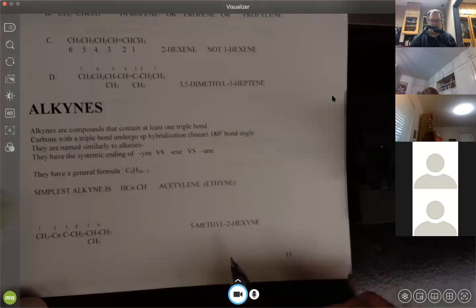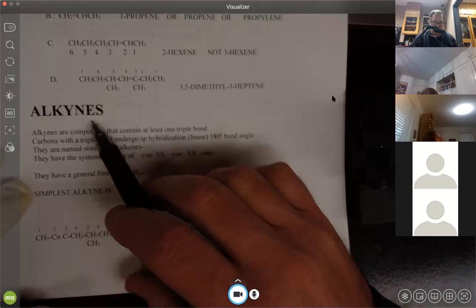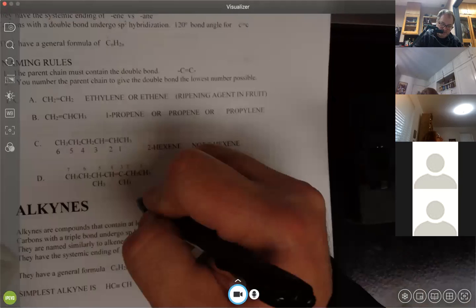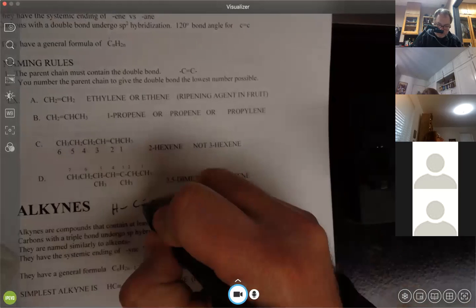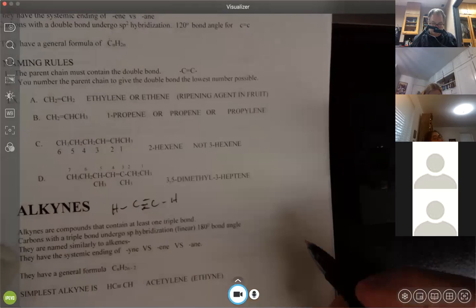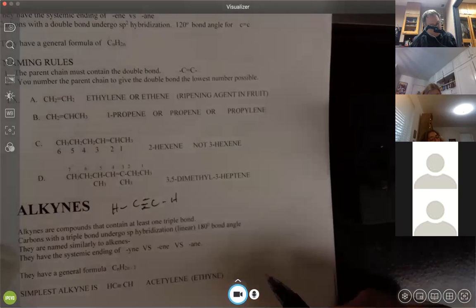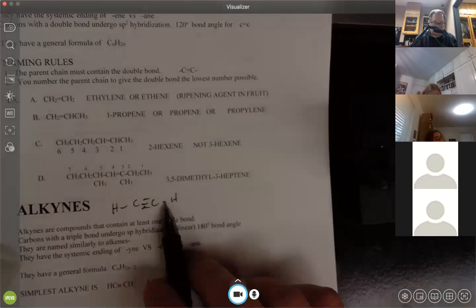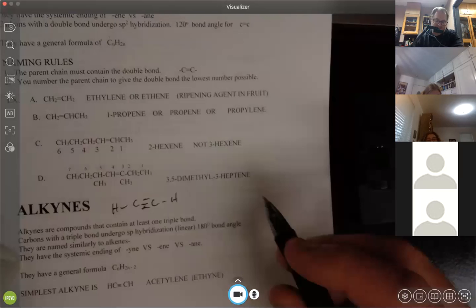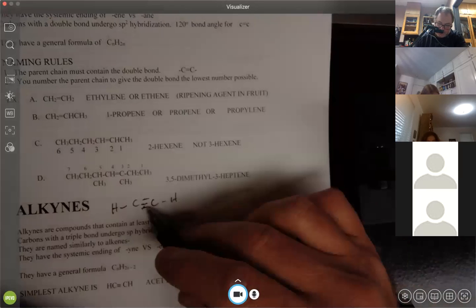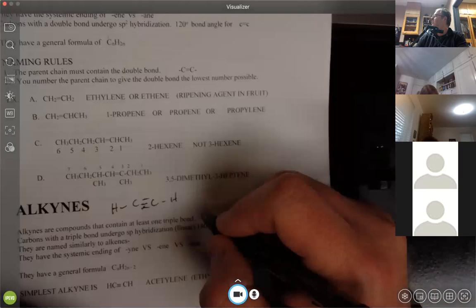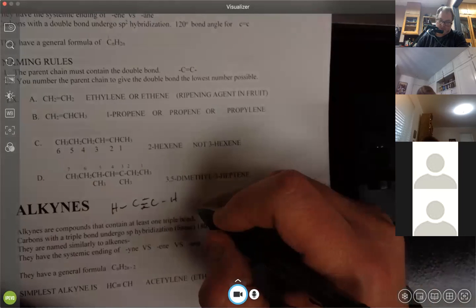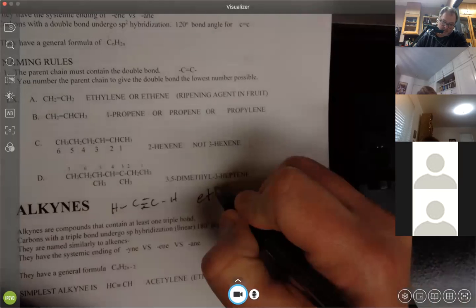Alkynes, well, here we have a triple bond. What kind of hybridization are we dealing with in this? One, two, right? So SP. Thank you. SP. Instead of calling this ethane or ethene, we will call this, anybody?